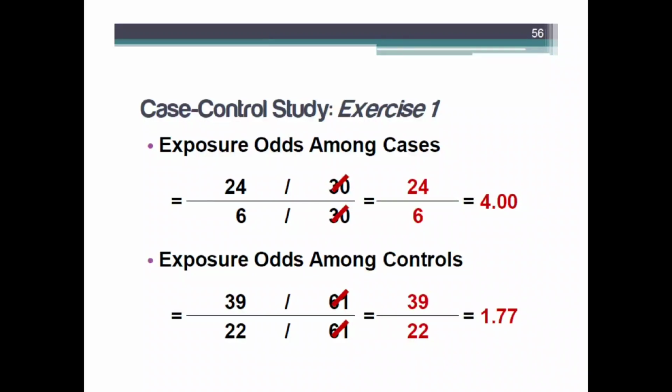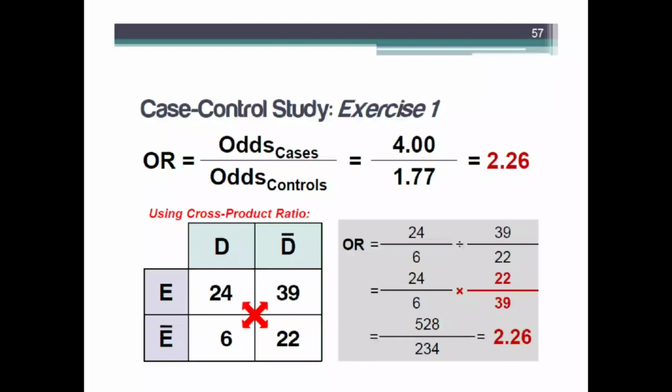Ayan. And then, we have also another technique na pwede nyo ring gamitin when computing for the odds ratio ng mas mabilisan. So, paano yun? Ito, cross product ratio lang.